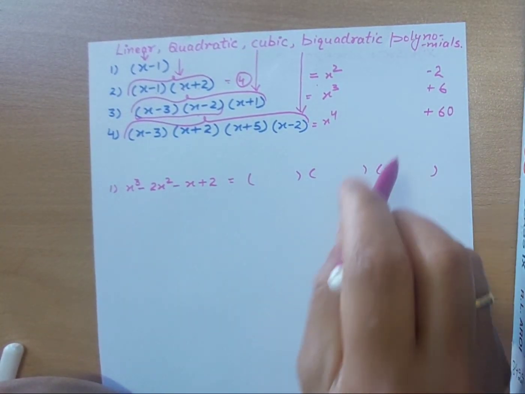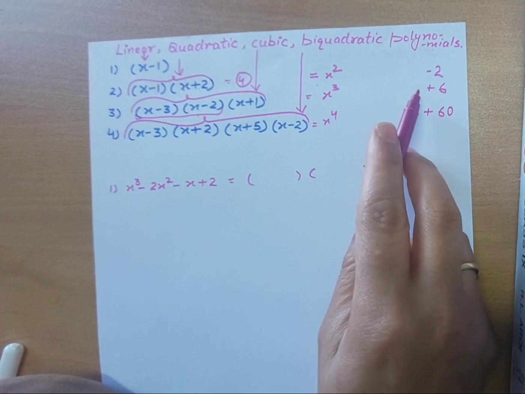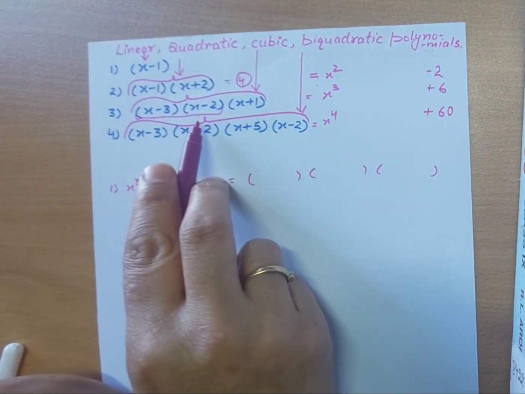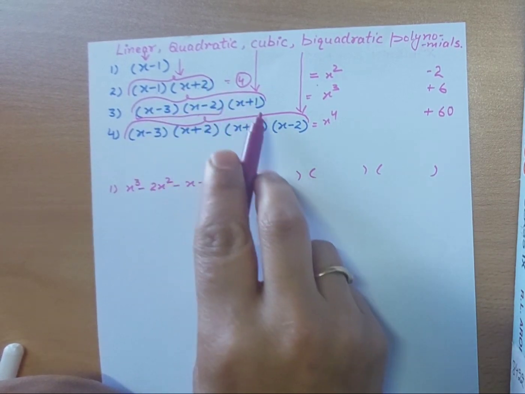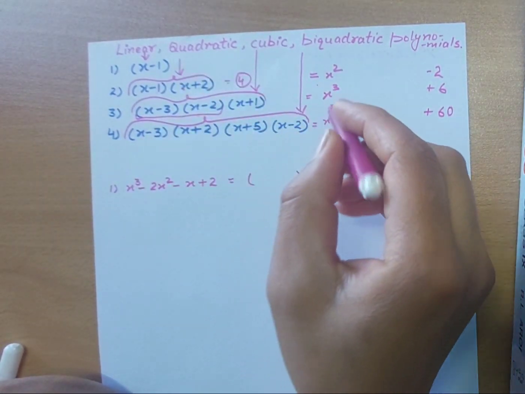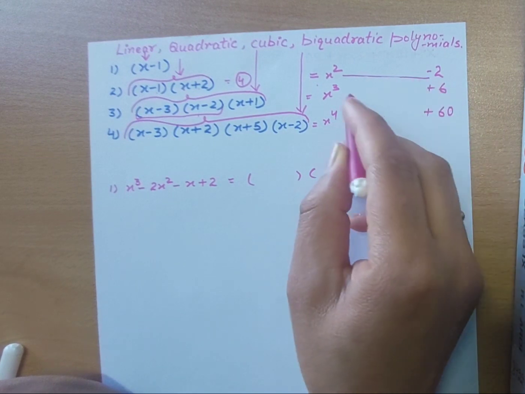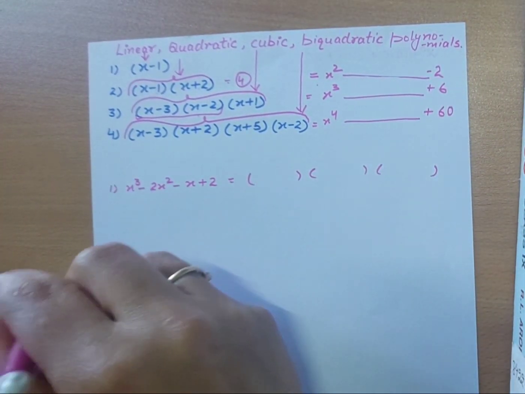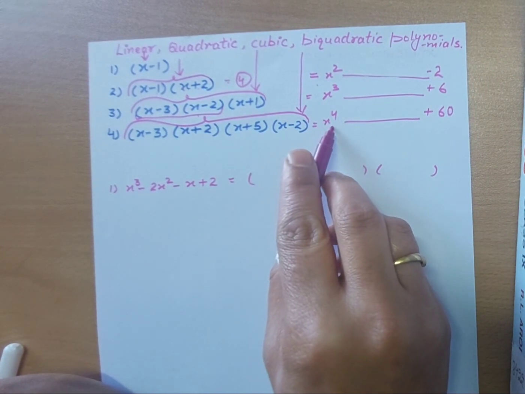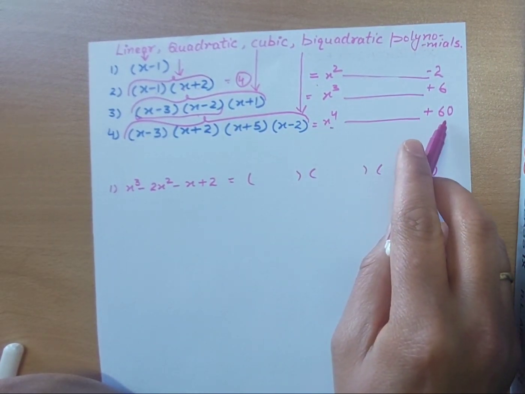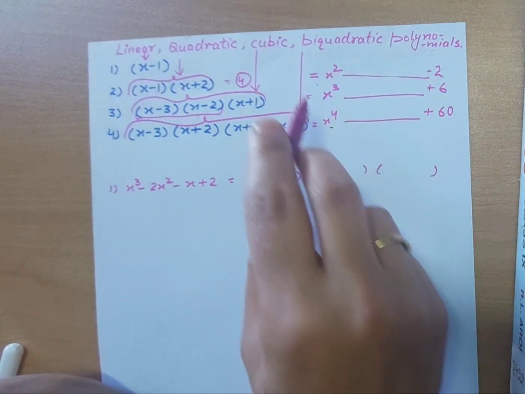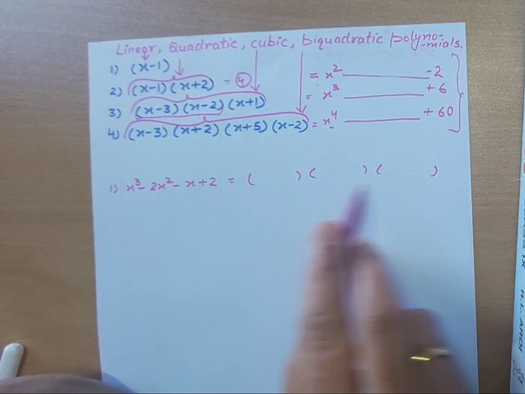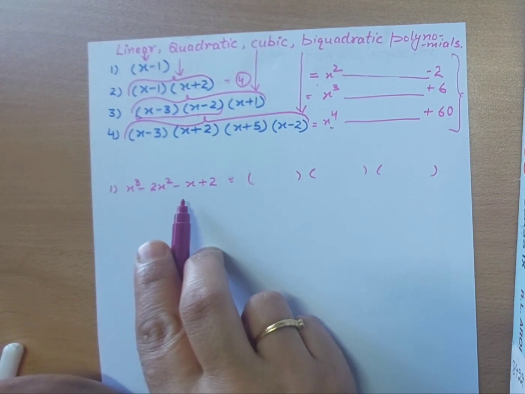So this is what we get to know about their answer by just looking at the terms. The rest of the procedure is very long, so there are many terms in between, which are a result of clubbing up of some other terms. But there is only one term which is x raised to power 4, and only one constant term which is 60. So this observation can be quite useful to find out the factors of this cubic expression.